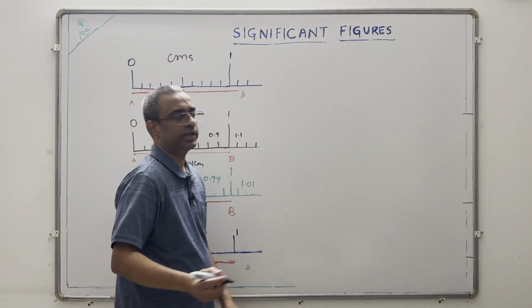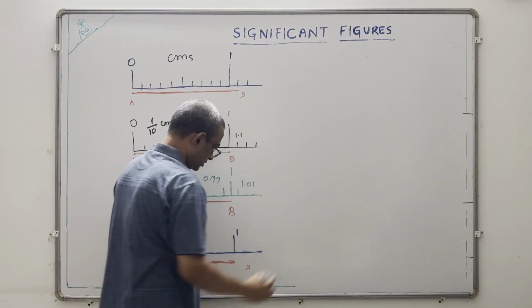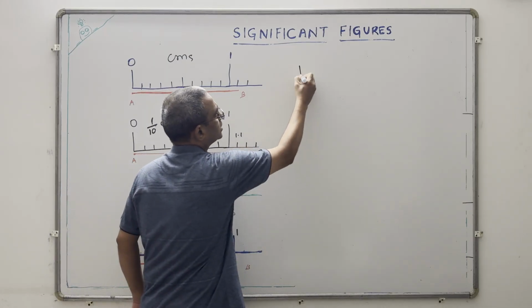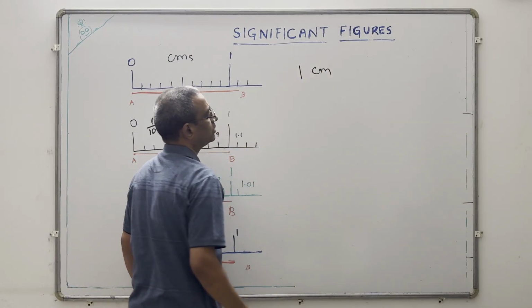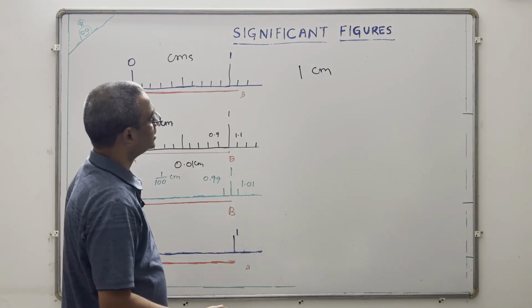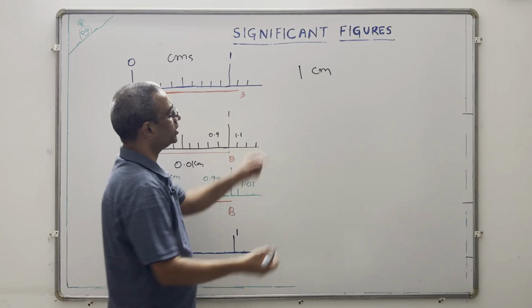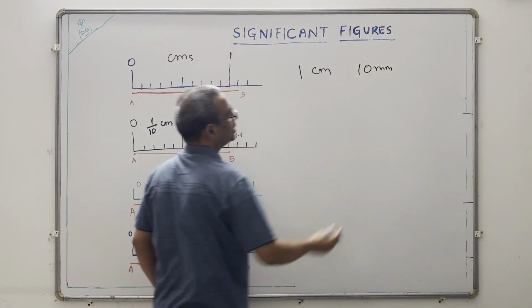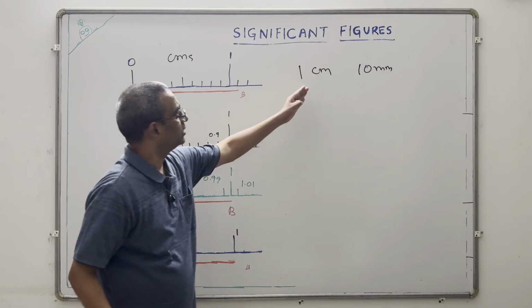Let's see another example. Let us take this one. So somebody reported this as 1 centimeter, somebody who doesn't know this scale. And let us say another student, instead of reporting it as 1 centimeter, has reported it as 10 millimeters. It is correct. 1 centimeter.